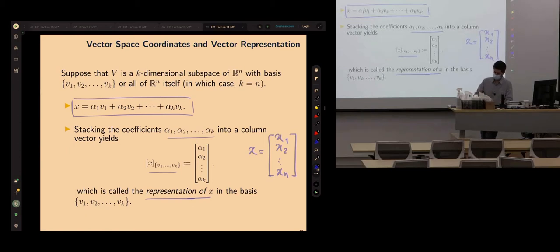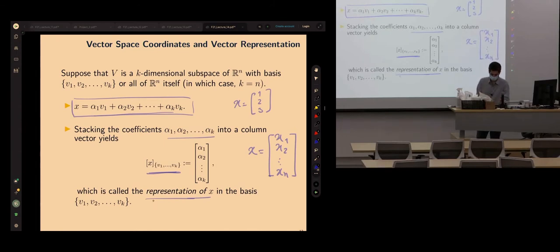If it's not a variable, we just have a vector x and we know what it is, right? For example, we will see example 1, 2, 3. We know what it is. It is a linear combination of our basis. So the set of these coefficients, alpha 1 to alpha k, is with respect to this set of vectors, this basis.